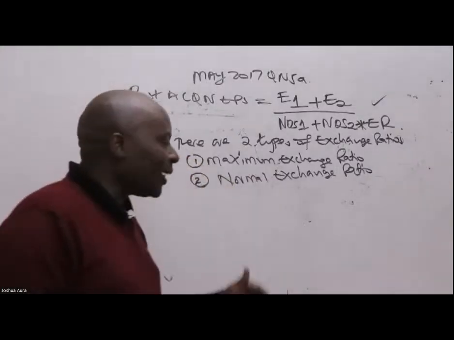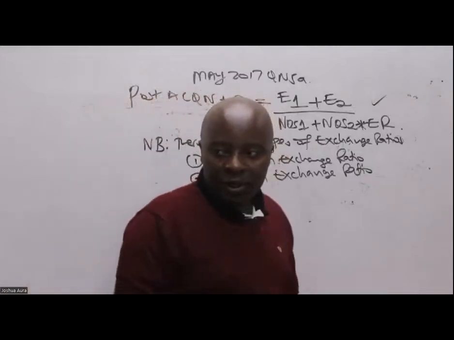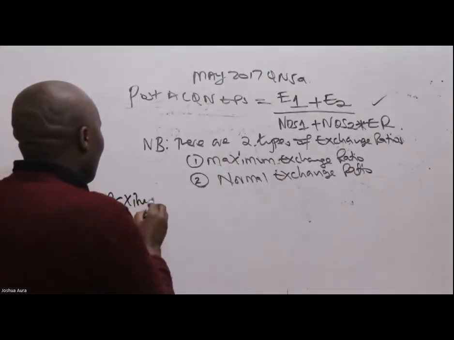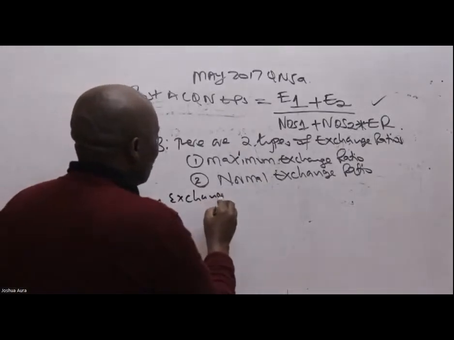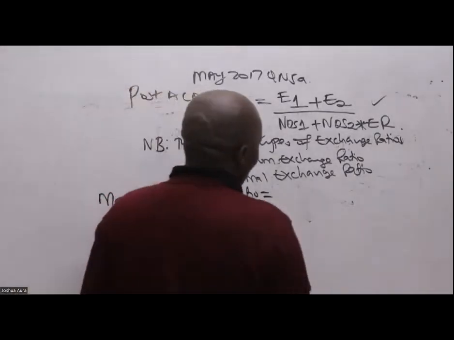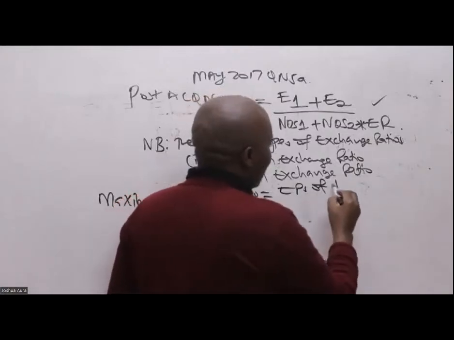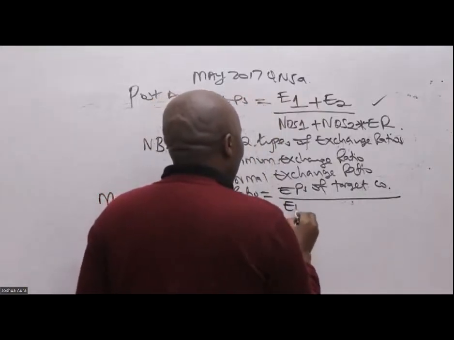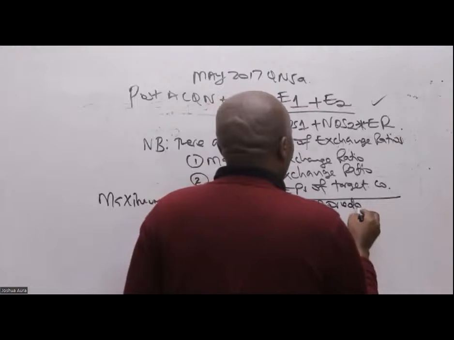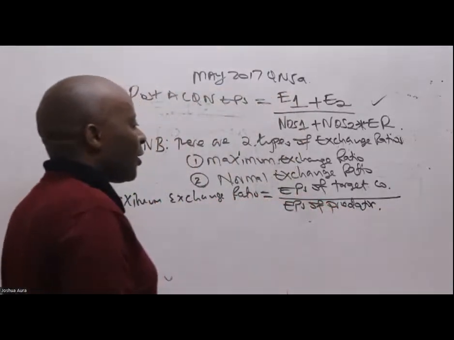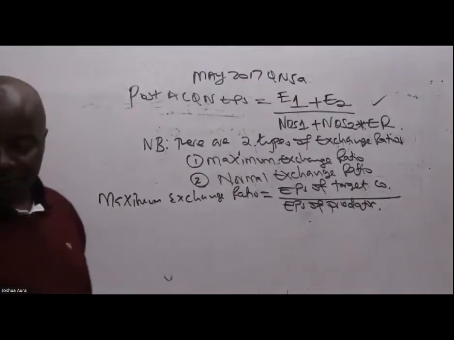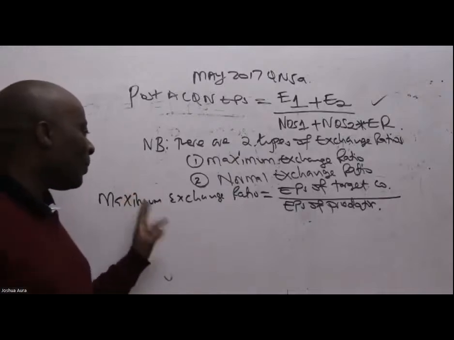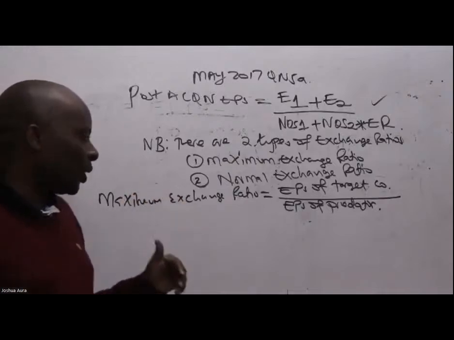Maximum exchange ratio equals EPS of the target company all over EPS of the predator. That's the maximum exchange ratio. Unless the examiner specifies that they want the maximum exchange ratio, I'll always think of the normal one.